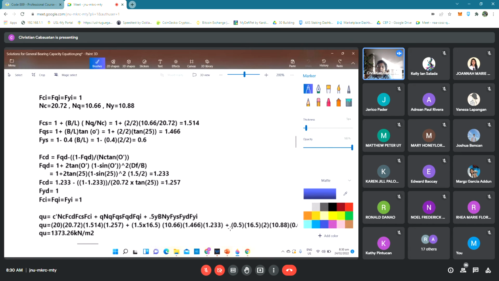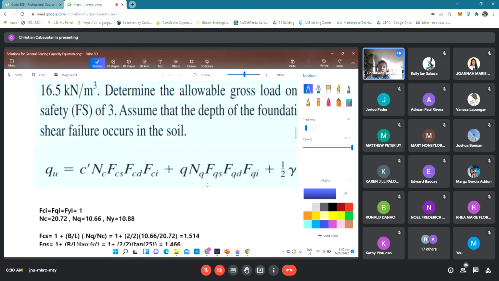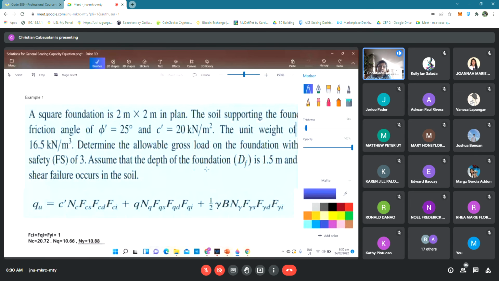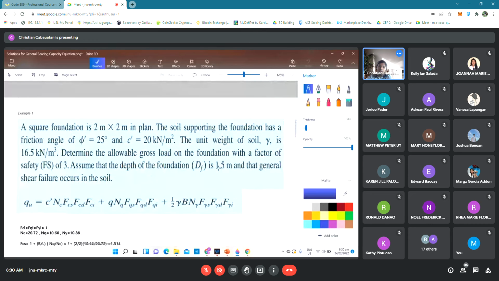Baka may magtanong sa inyo, Sir, bakit hindi natin ginamit si gamma prime, na gamma sat minus gamma water, doon sa last term? My dear students, hindi naman stated dito sa problem kung saturated ba siya or hindi. Ang binigay lang is gamma lang or the unit weight.